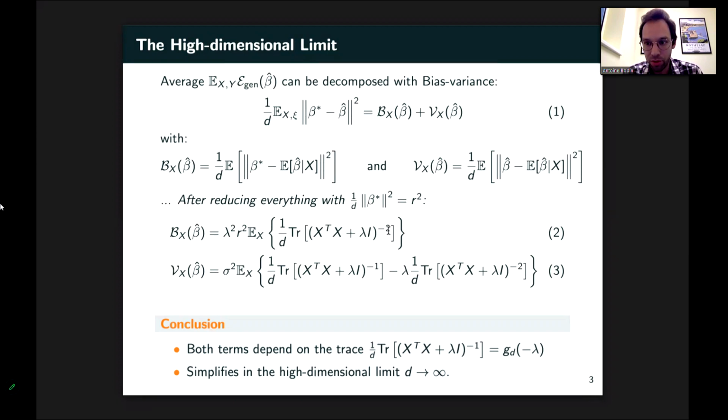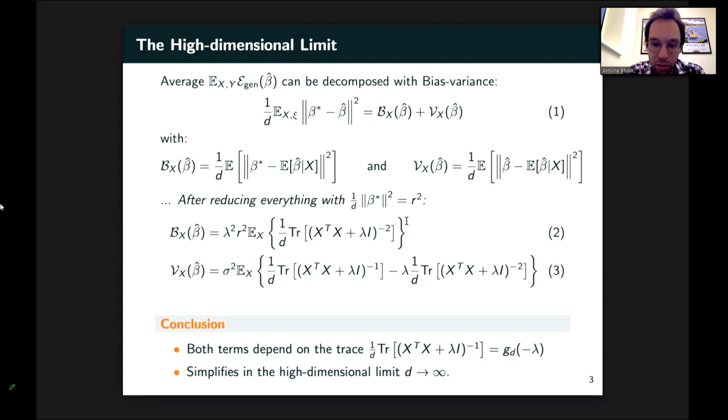I won't go deep into the technical details to develop these terms, but what I'd like to point out is that if you expand those terms, you get equations 2 and 3, where you get the expectation over X of the trace of some sort of kernel matrix, which is X transpose X plus lambda I to the -1 or to the -2.